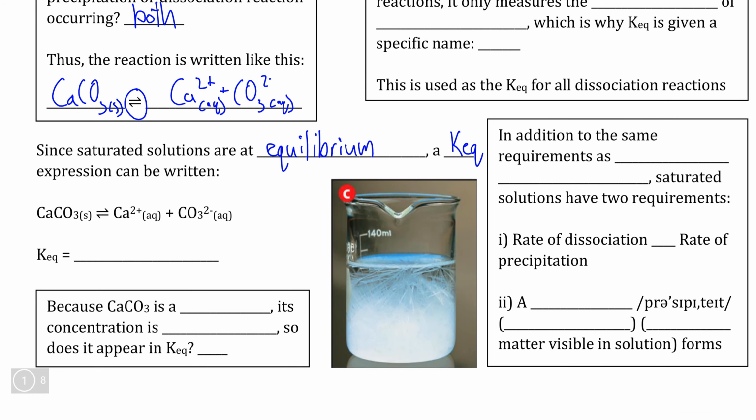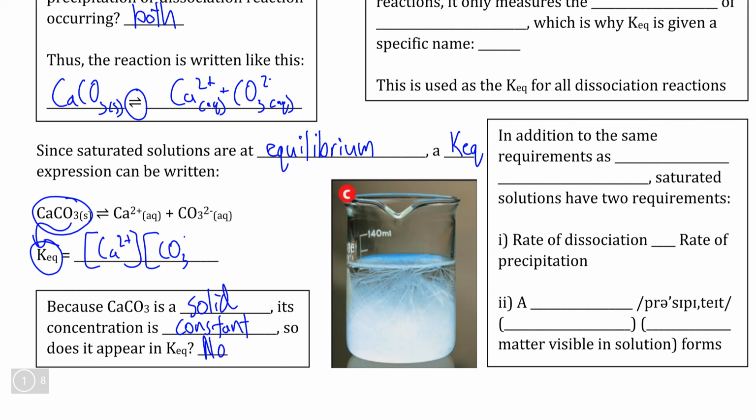Now, because saturated solutions are at equilibrium by definition, because the rate of dissociation is equal to the rate of precipitation, that means that we can write a KEQ expression for them like this. Now, KEQ expressions of dissolving reactions are very easy to write because the solute in the reactants exists in its solid form, which means that its concentration is constant, as we discussed in the previous unit.